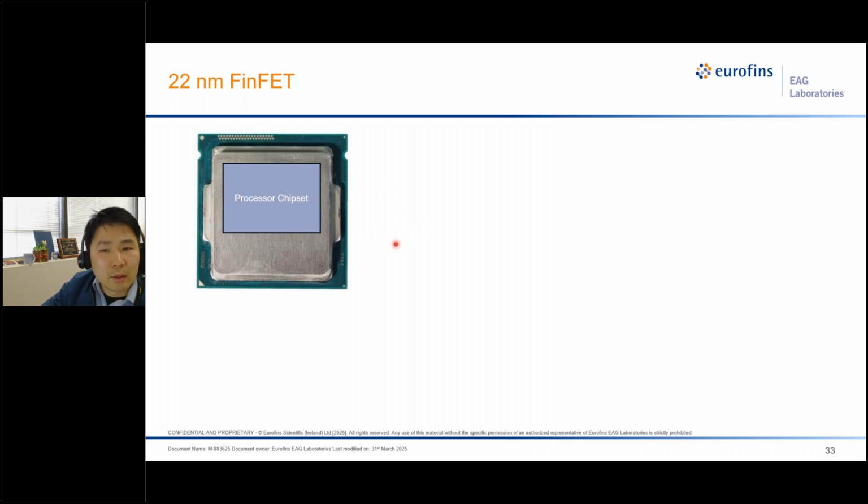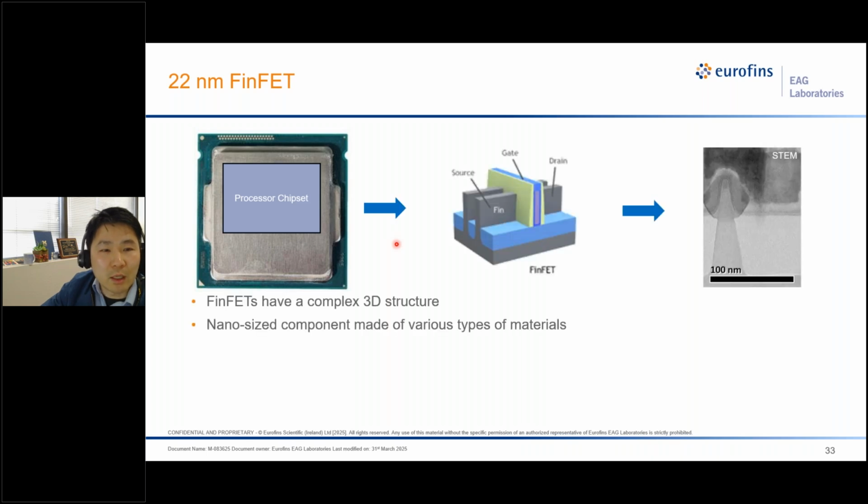This is a 22 nanometer node that was first introduced probably over 14 years ago. Even though the technology is decades old, these kinds of CPUs are still being used in the market for our electronic devices or computers, and the FinFET architecture is still relevant to current technology.